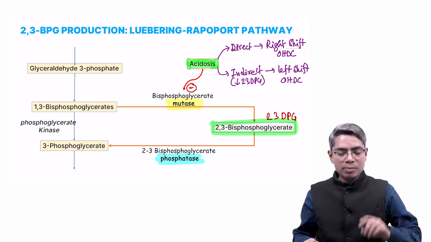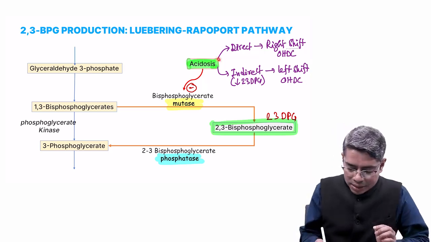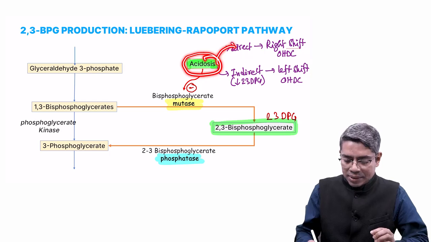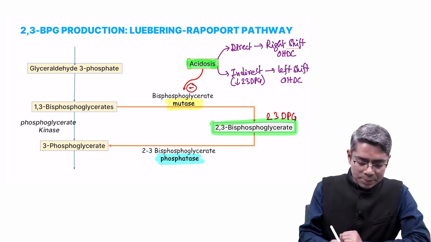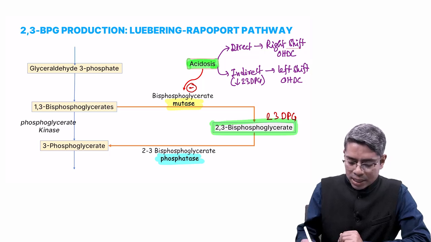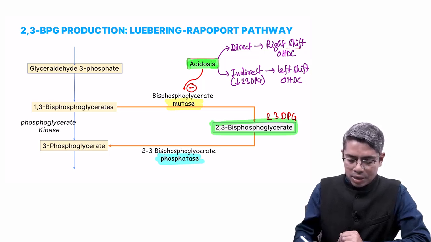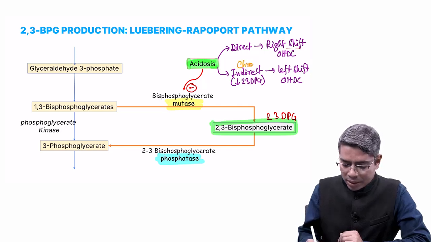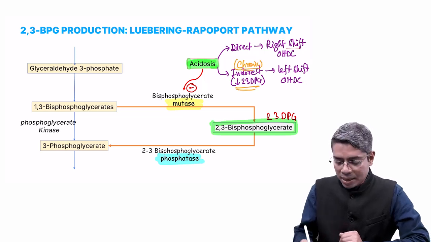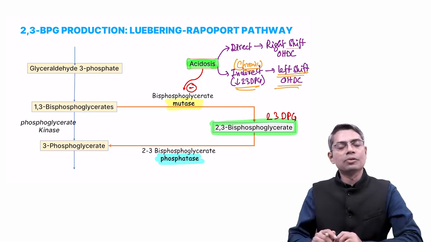So what is the bottom line? If the acidosis is acute, the direct effect is going to be prominent. But if the acidosis is chronic in nature, it can cause decreased production of 2,3-DPG, and in that case left shift is going to happen.